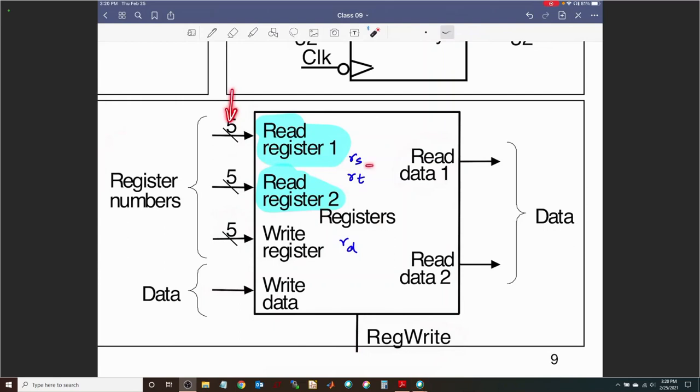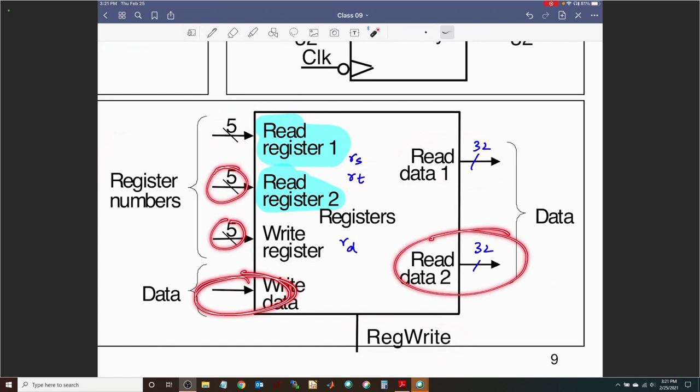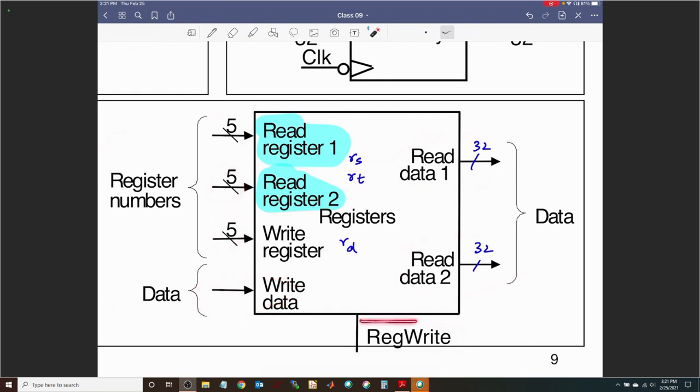So just provide me the 32-bit data that is in that register over here, right? So I can also put 32 over here and 32 over there. That is the number, and those are the contents of that register. That is the number, those are the contents of that register. That is the number, and these are the contents that need to be written provided register write is enabled.